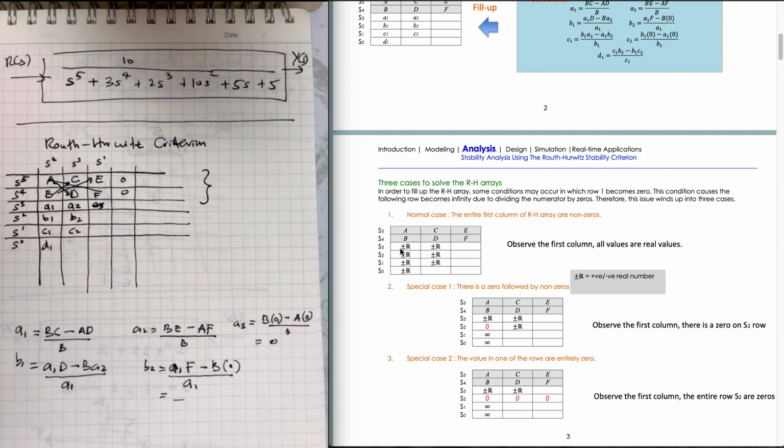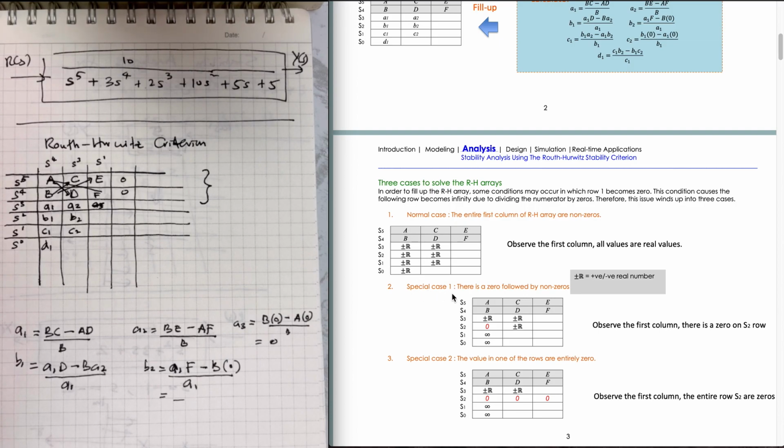The first one, we call it normal case. In normal case, when you fill up the table, you have no issue. That means all the values A1 until D1 here are real numbers, can be minus or positive, but they are real numbers, not zero. They are all non-zeros. So normal case.